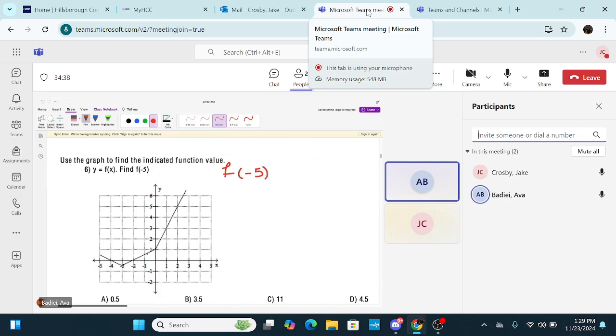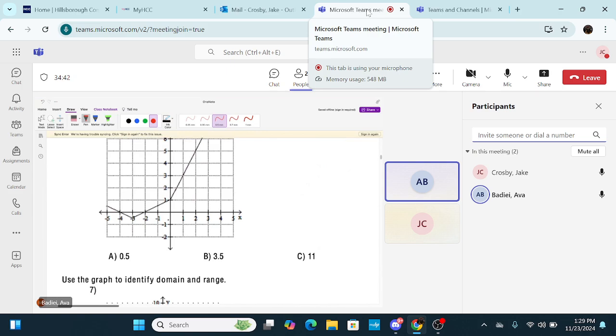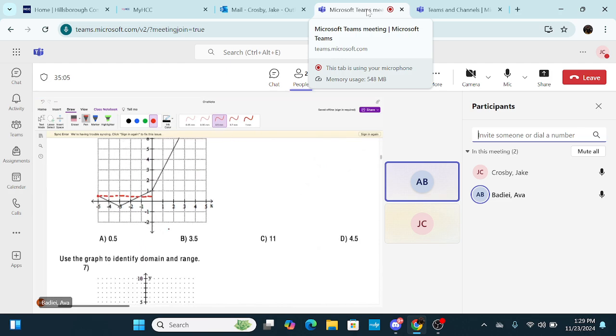So you know that you're going to look at x of negative 5, negative 1, negative 2. It's going to be here. The point on your graph is here. Now, for the value, you have to read the y value. So if we come here, obviously this is not going to be very precise, but we know that the y value is somewhere between 0 and 1.